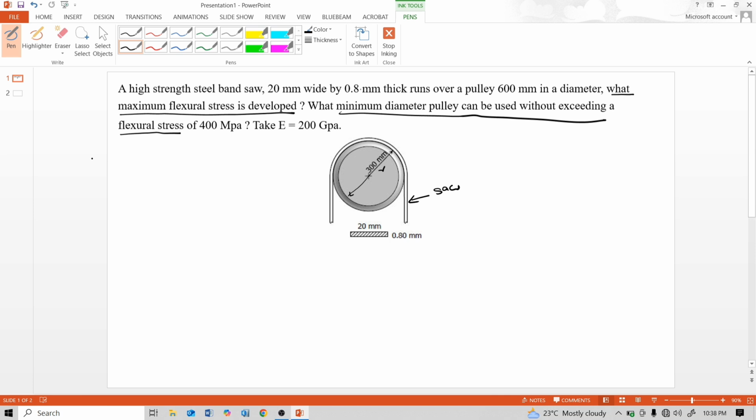So first write the given data. Width of this steel band saw, denoted as small b, is equal to 20 mm. Thickness, denoted as small t, is equal to 0.8 mm.